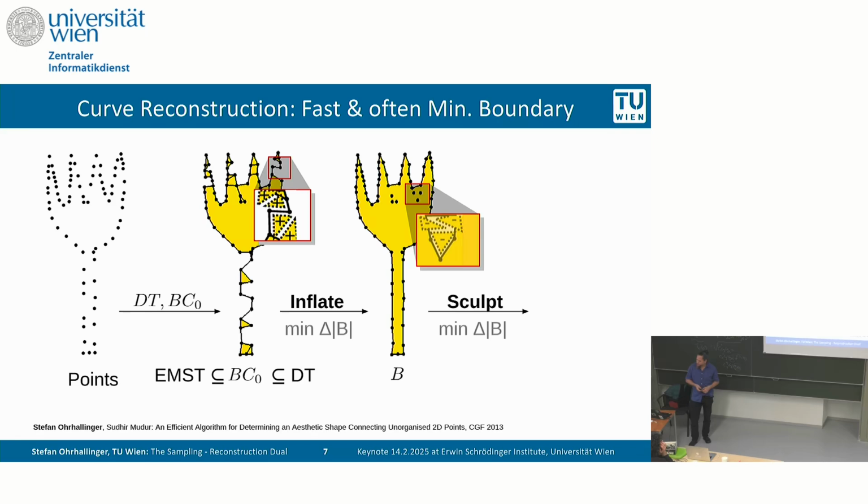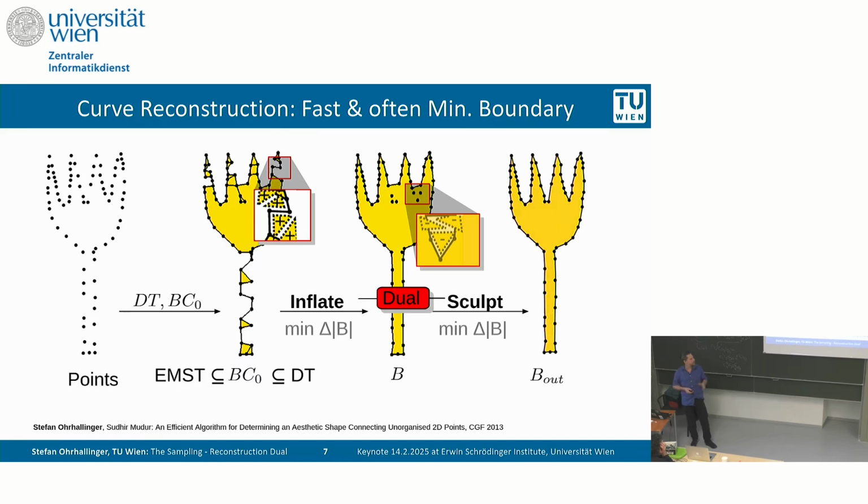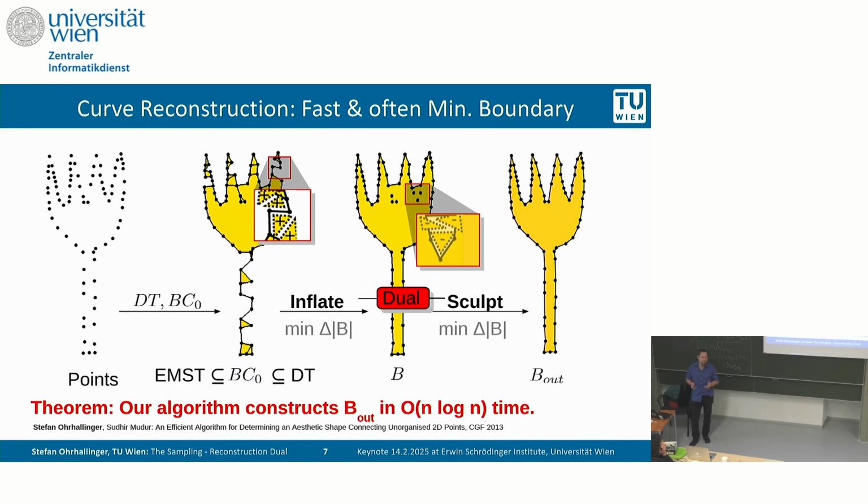So we designed a dual operation, sculpting, where we remove triangles from this boundary, from the outside, to the interior points to free them. And then again with the minimum length criterion, we get a boundary which is not the minimum boundary, but often very close, and it's fast. This works in n log n time for n points.